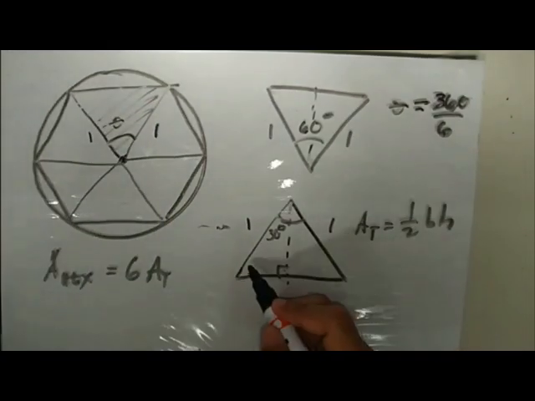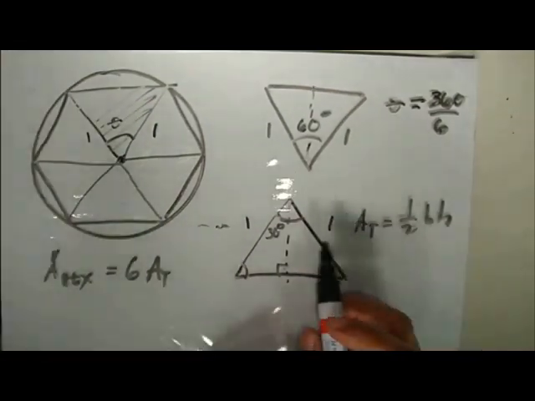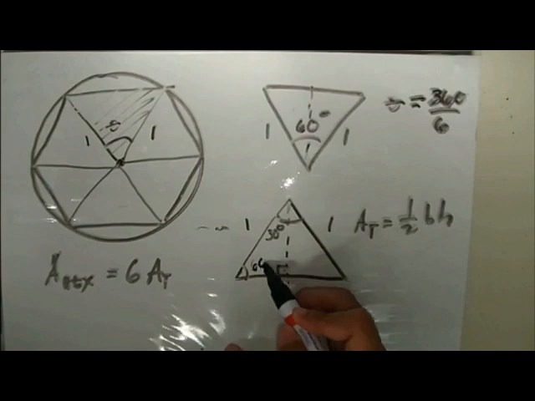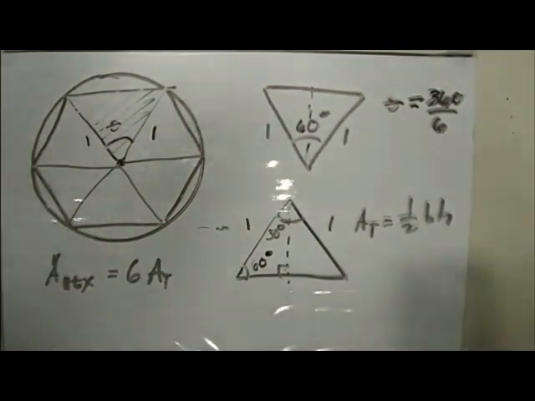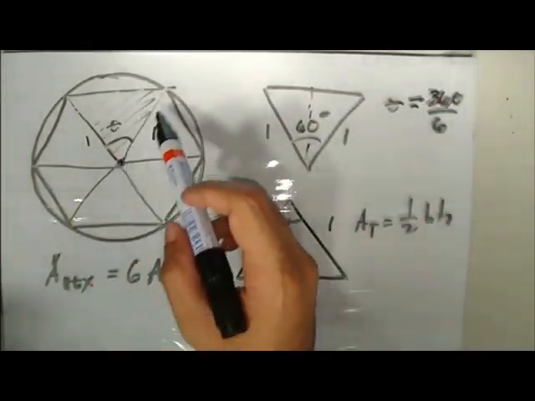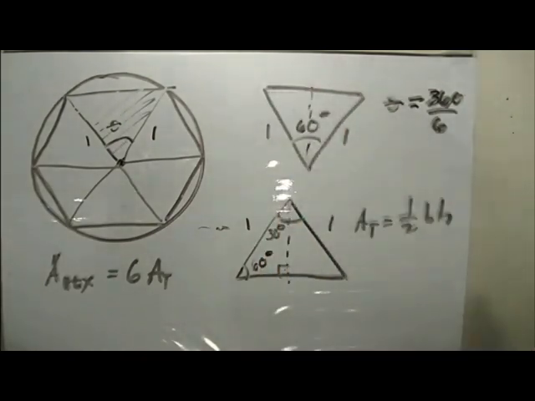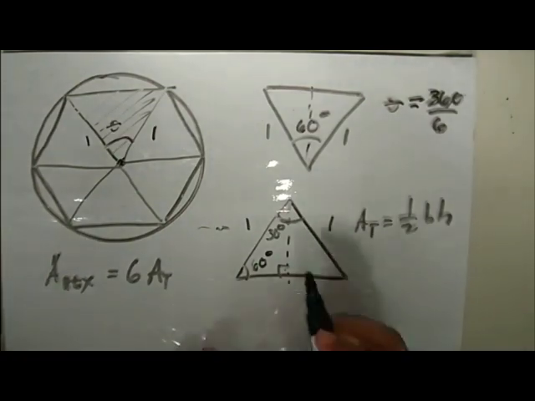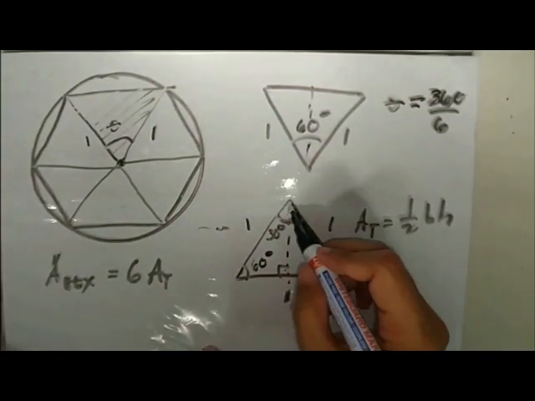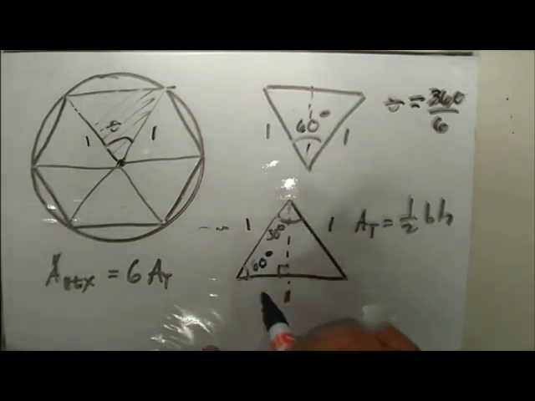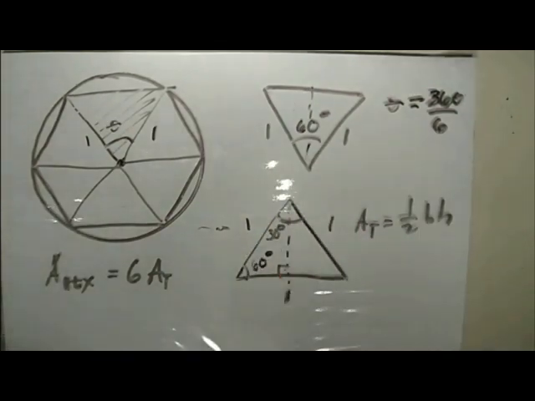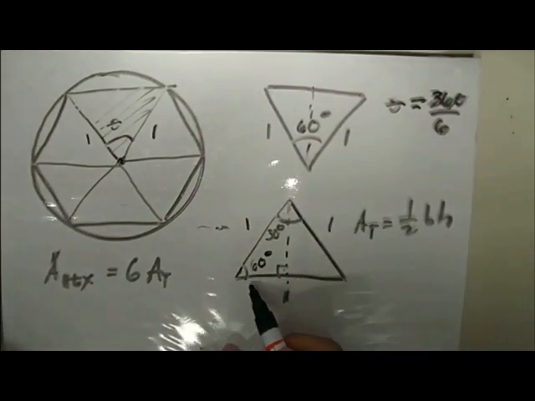So, 60 degrees lahat, so this is actually an equilateral triangle siya. So, ito, 1 din to, kasi equal nga lahat ng angles niya, therefore, equal din lahat ng sides. So, binisect natin, therefore, ito, this is 1/2.